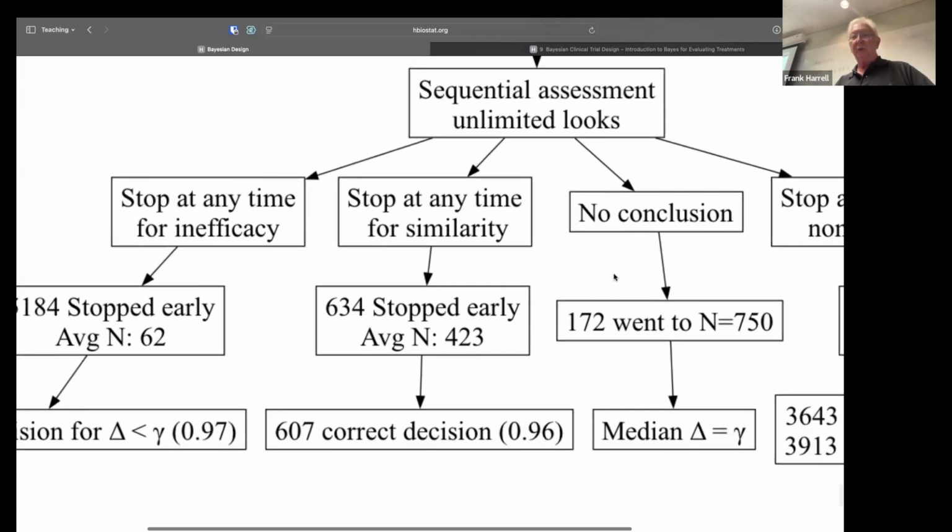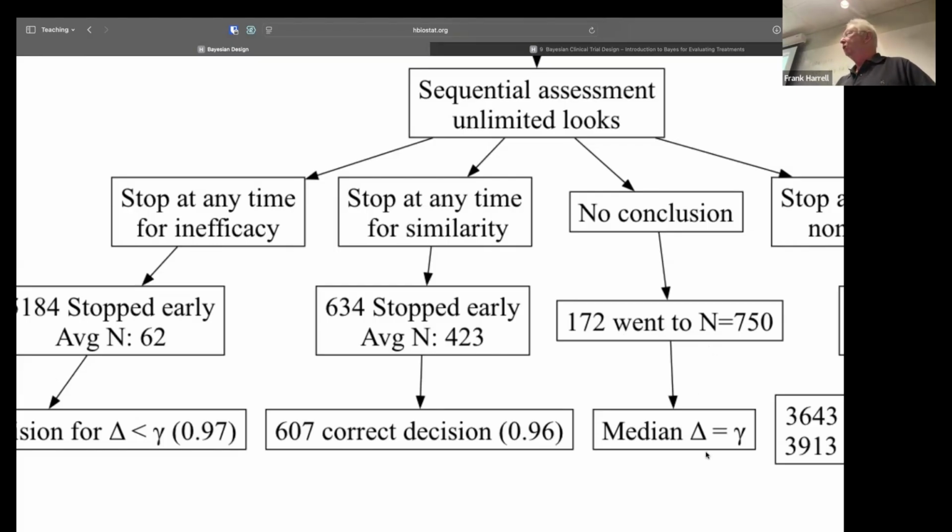Now, how often did the worst thing happen? We have limited that. Only 172 trials went to the maximum sample size. This is what happens most of the time in a clinical trial designed with a fixed sample size using a frequentist p-value. That's the most common occurrence, is you'll come up with an inconsequential equivocal result. Now, what makes this happen? This stands to reason.